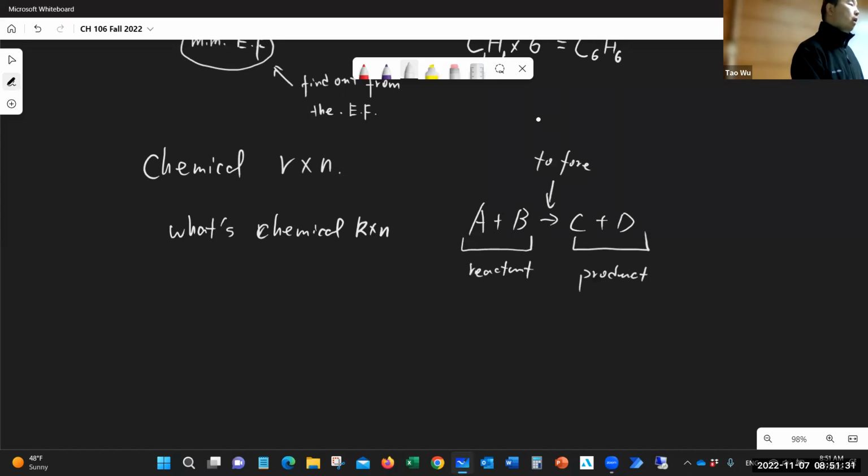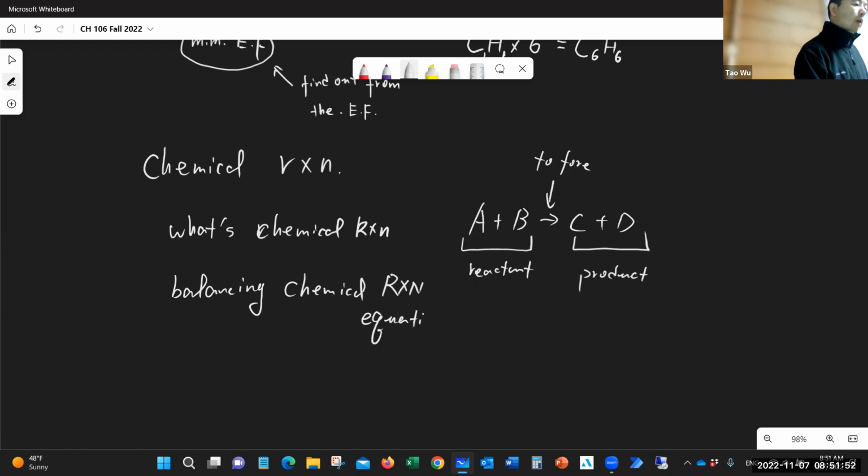And we talk about balancing the equation. For chemical reactions or chemical equations, we try to balance the chemical equations. Actually, there are 2 steps. First, balance first.